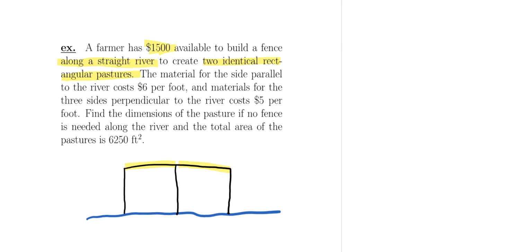And then the materials for the 3 sides perpendicular to the river, this one, this one, and this one, cost $5 per foot. Find the dimensions of the pasture, if no fence is needed along the river, obviously, and the total area of the pasture is 6,250 square feet.